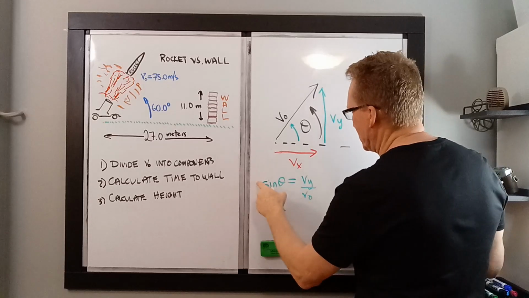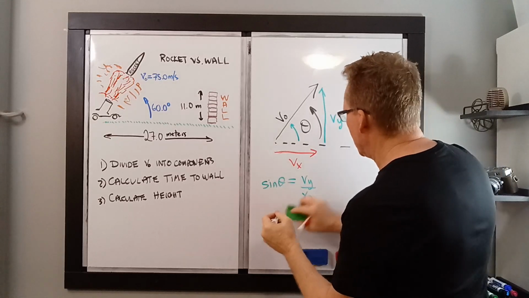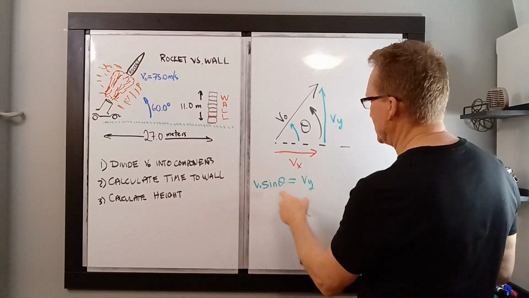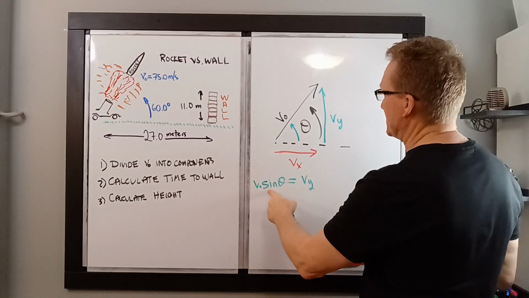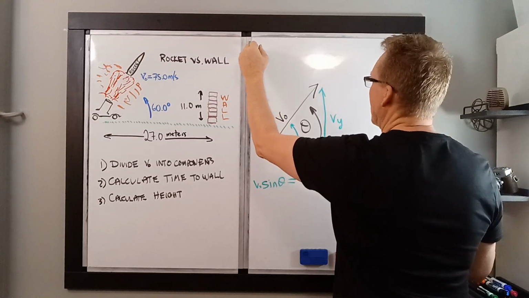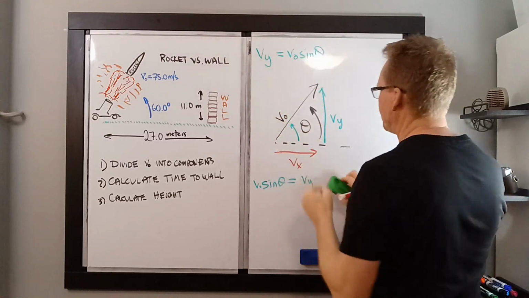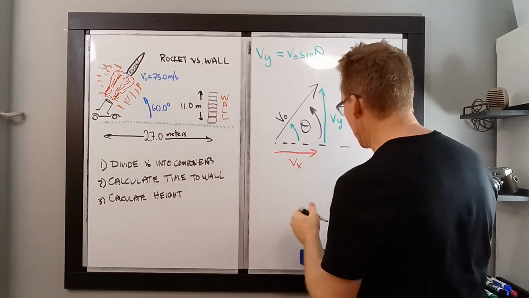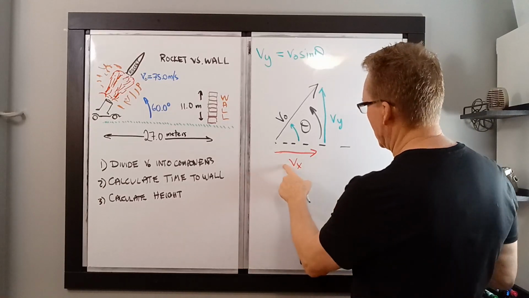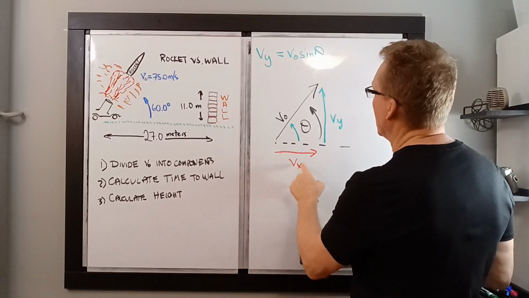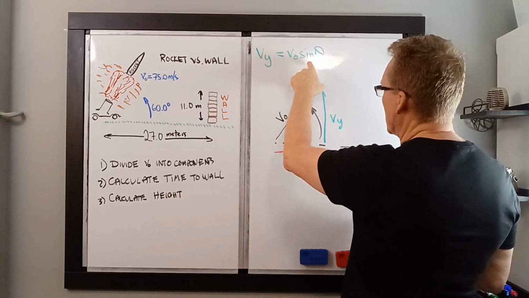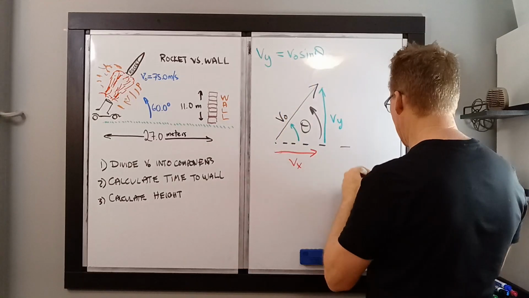Moving this to the other side, Vy is equal to V0 times sine theta. Similarly for the x component, we have Vx equal to V0 cosine theta. I'm going to write that up here in red.